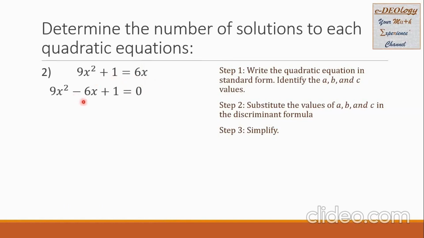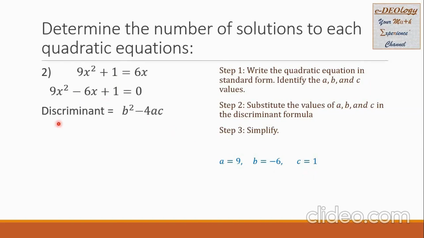It is now negative 6x, and the right side is now equal to 0. Then we will collect the a, b, and c values. The a is the coefficient of x squared, that is 9. The b is the coefficient of x, that is negative 6. The c is the constant, positive 1.